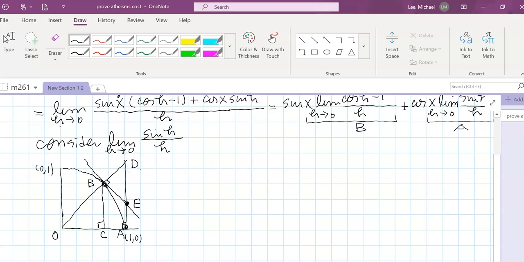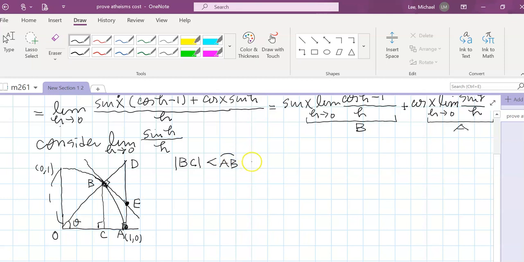Now, if I call this angle theta, because the radius is 1, the length BC is definitely less than the arc AB. Let me write AB.